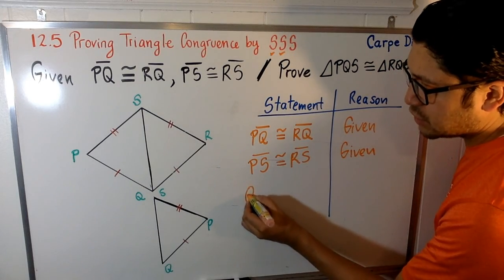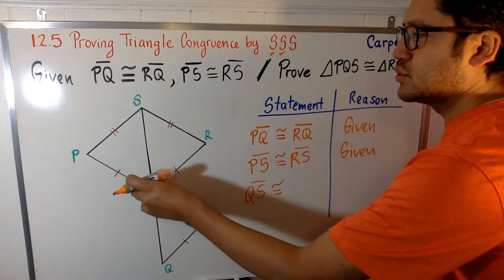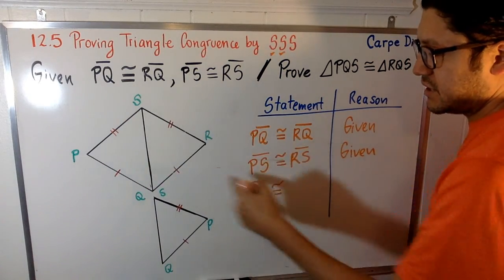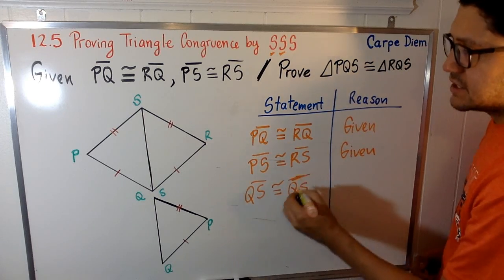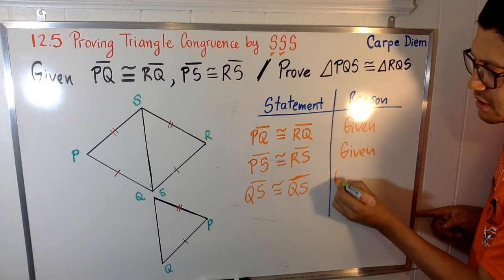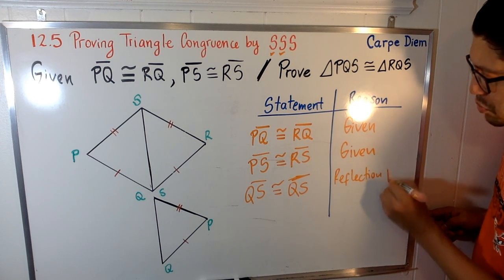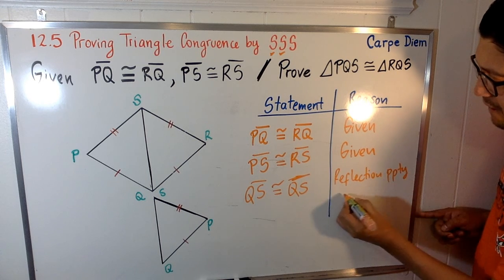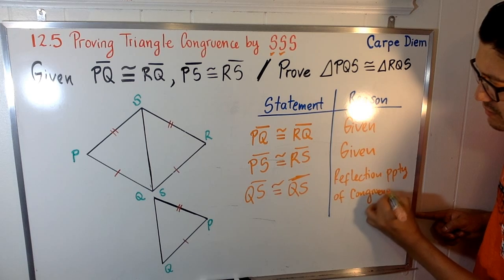So I can say that QS from this triangle is congruent to QS from triangle RQS. And they are the same because of the reflection I did. So they are congruent because of the reflection property of congruence. That's the reason.